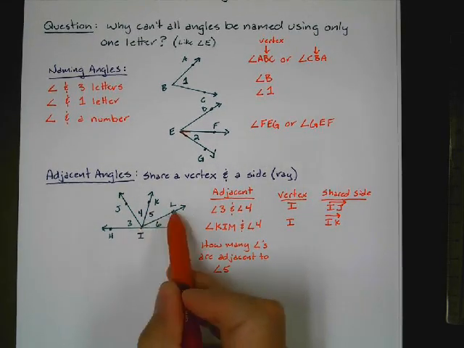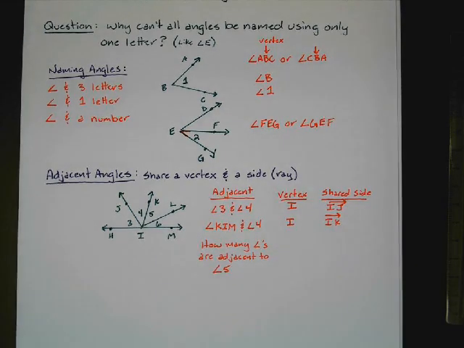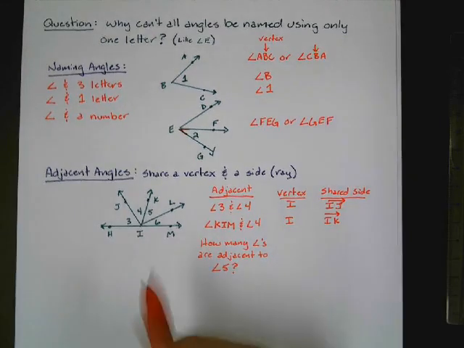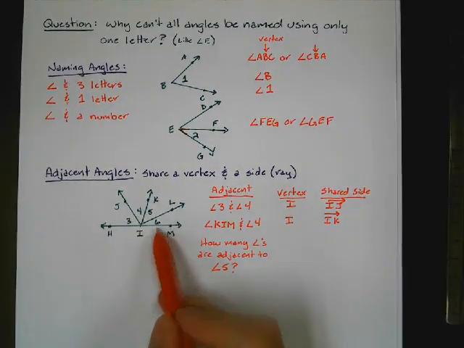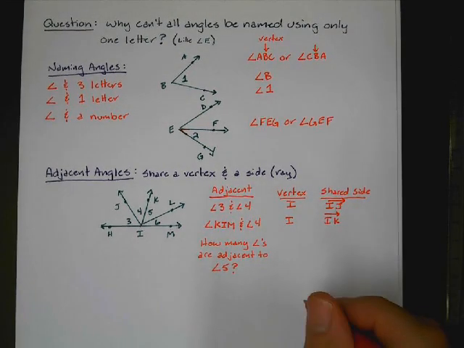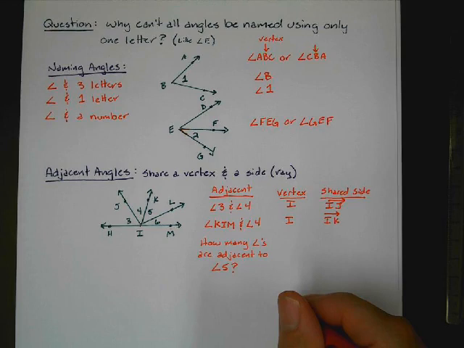That's KIL. How many different angles are adjacent to that angle? Well, you might be saying there's 2. You might say angle 4 and angle 6 are adjacent to angle 5. And that's partially correct. There's another angle, though, that you missed.